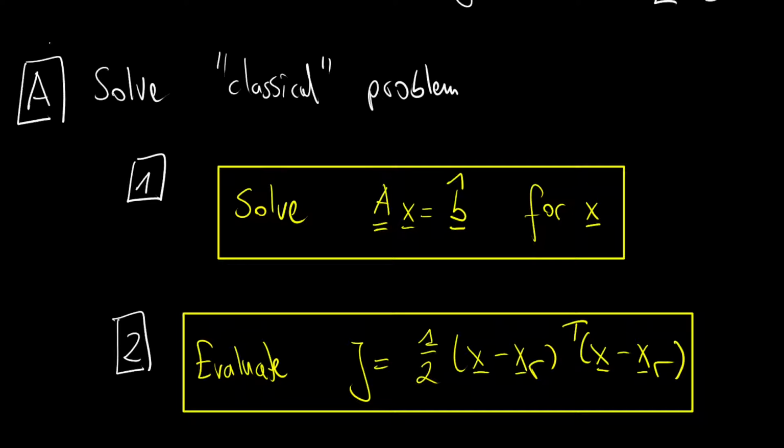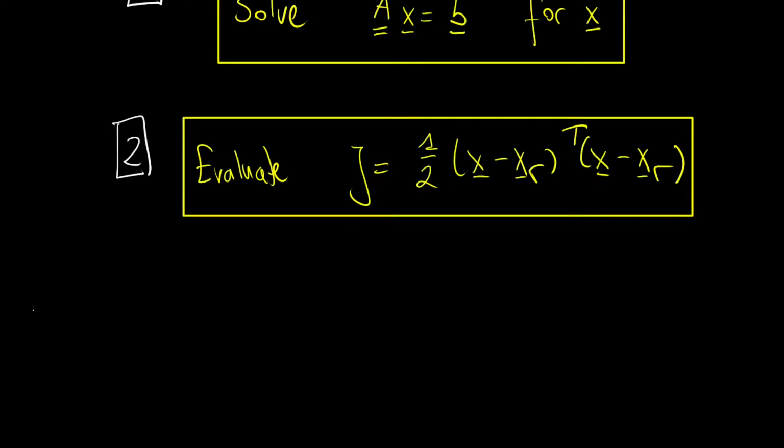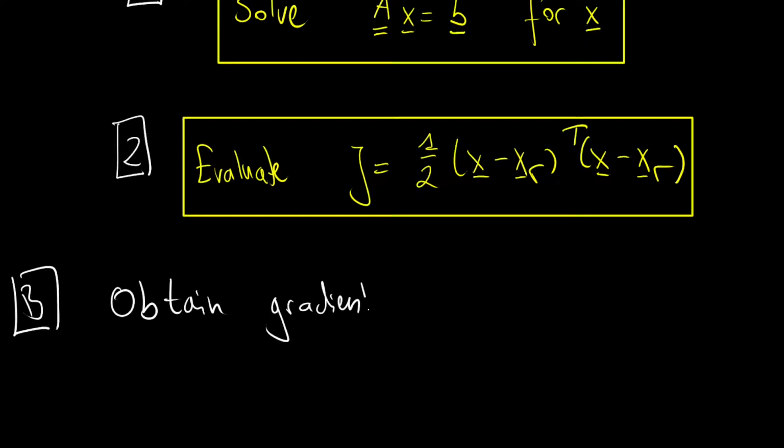And now you want to do something additionally. This is to obtain the gradients. Let's call this step 2. So we will obtain the gradients. And by gradients, I refer to the sensitivities of the loss function with respect to the parameters. So dJ by d theta in a total sense.